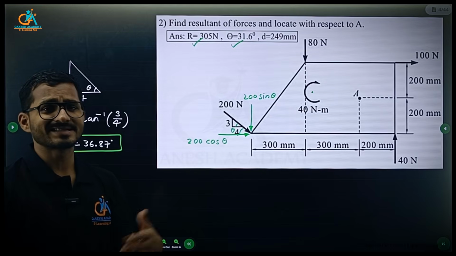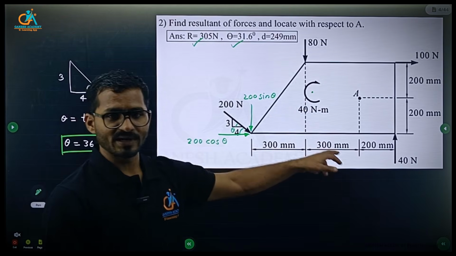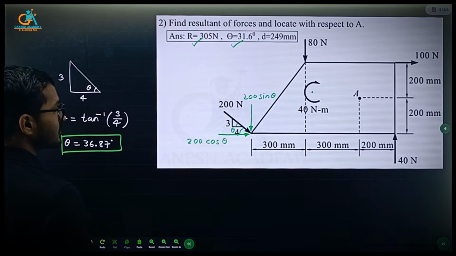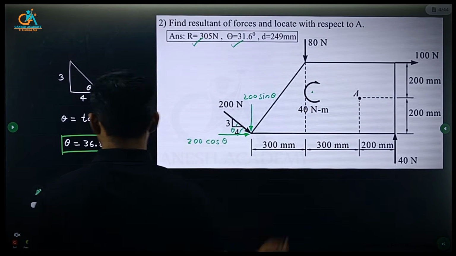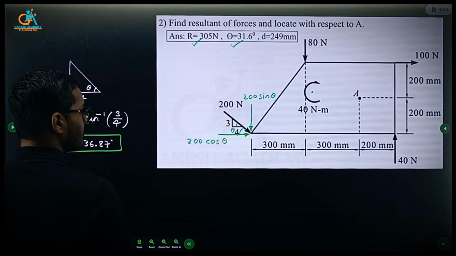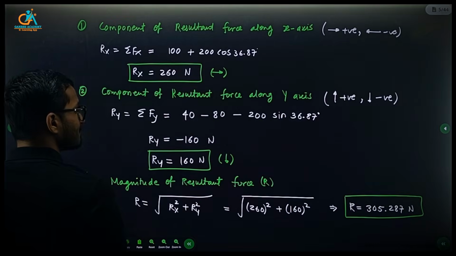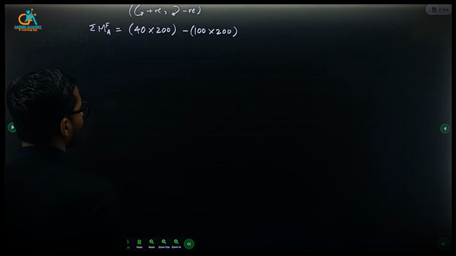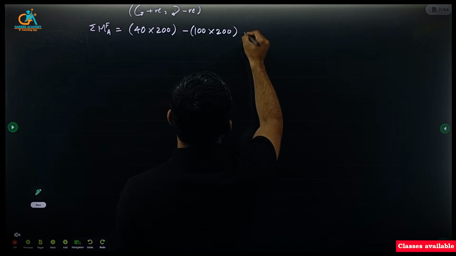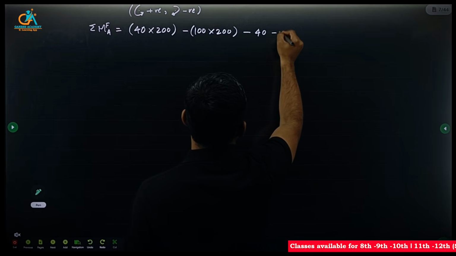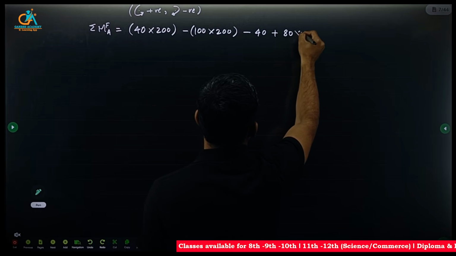We don't need to consider the distance, it is directly a moment, right? So 80 into 300 anti-clockwise, 40 clockwise negative.